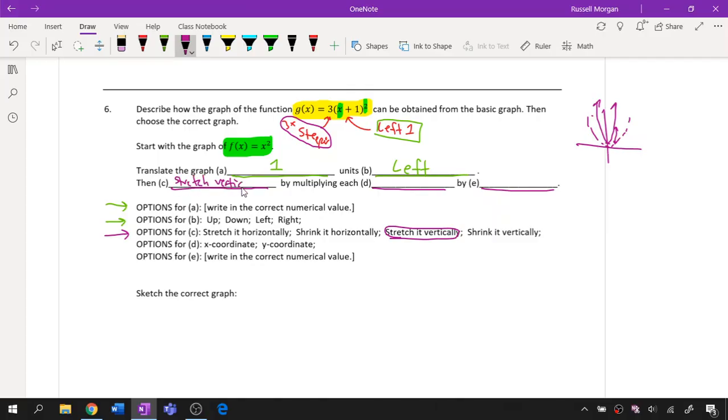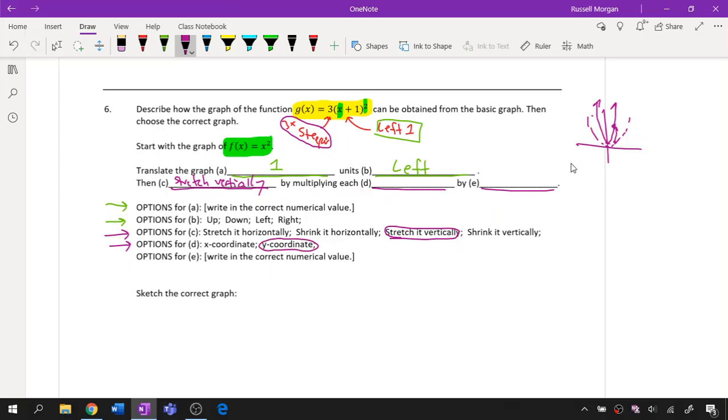Stretch vertically. By multiplying each, okay, are we multiplying the x-coordinate or the y-coordinate? We kind of talked about this before. Since we're stretching it up, that's actually the y value. The y value is 3 times steeper. Instead of going over 1 up 1, it would go over 1 up 3 because it would be 3 times steeper. And that's actually the y-coordinate.